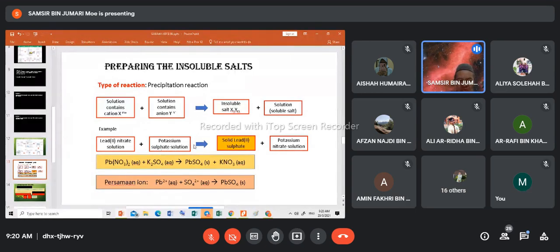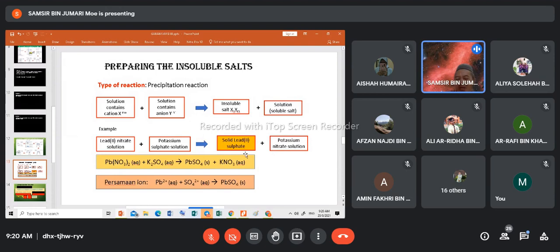The solid lead(II) sulfate will precipitate in the reaction, with another substance, that is potassium nitrate solution.